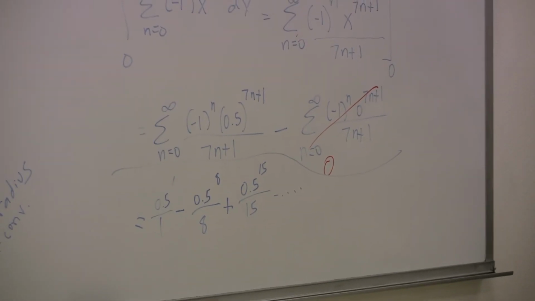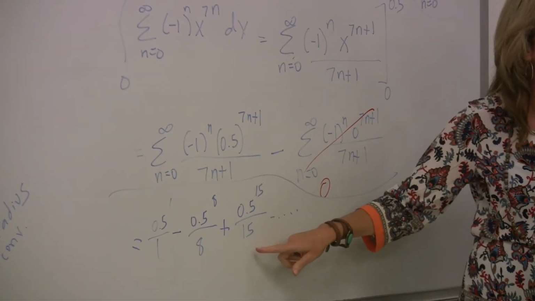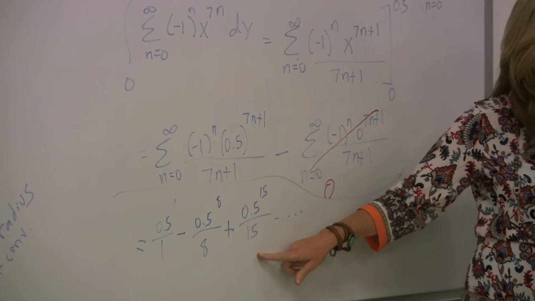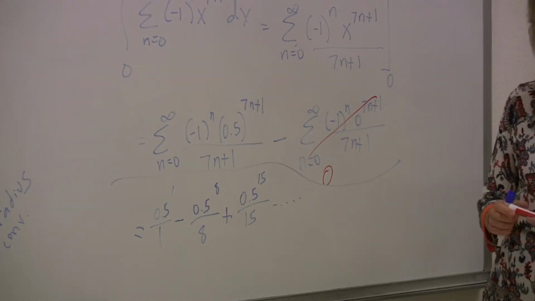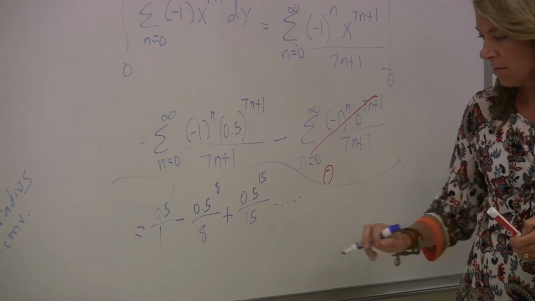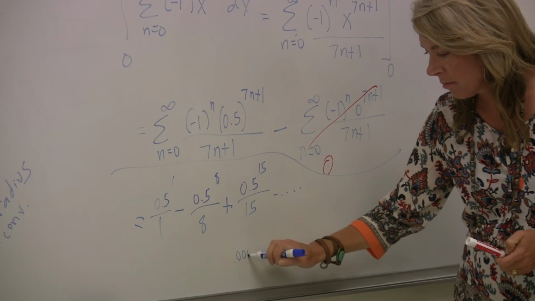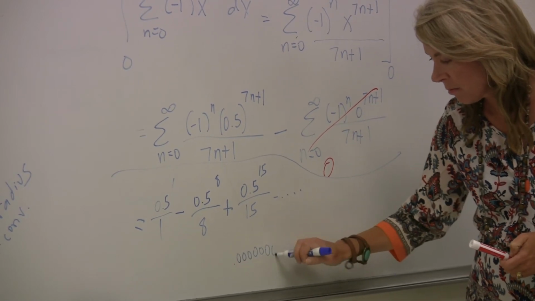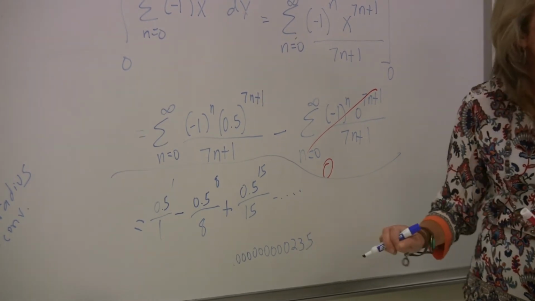See what I'm doing there? Can someone just tell me what this term is equal to? Just this term right here? It's 2.035 times 10 to the negative 6. Negative 6, you said?